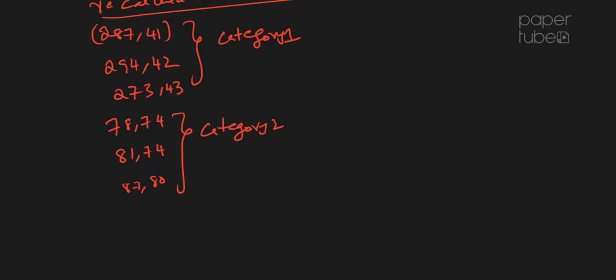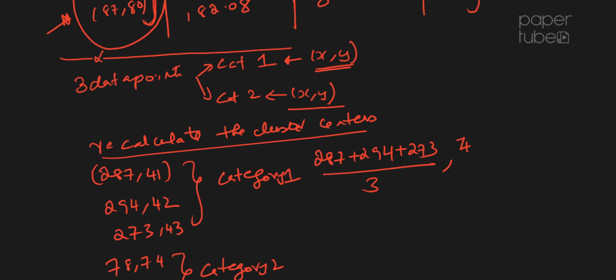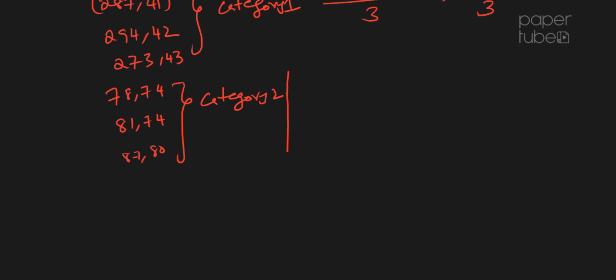So now take the average of all the x and all the y. So 287 plus 294 plus 273 by 3 makes the average of x, comma, 41 plus 42 plus 43 by 3, which gives the average of y in category 1. And similarly, you get the average of all the x and y of the data points that belong to category 2.